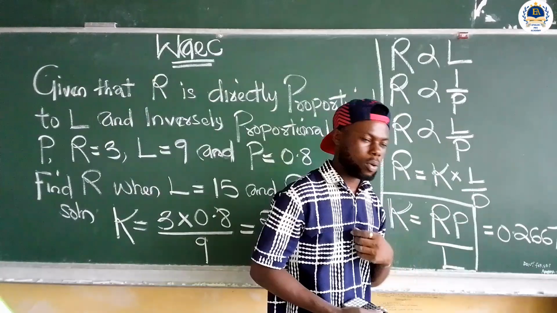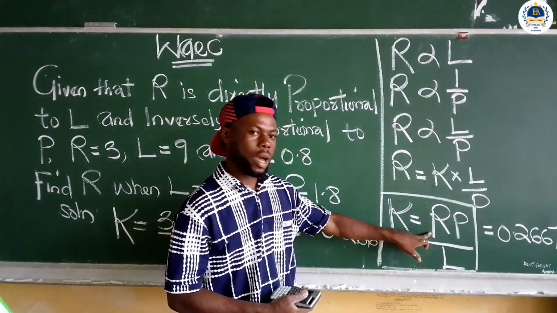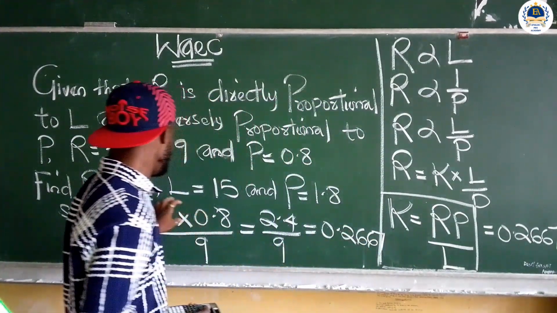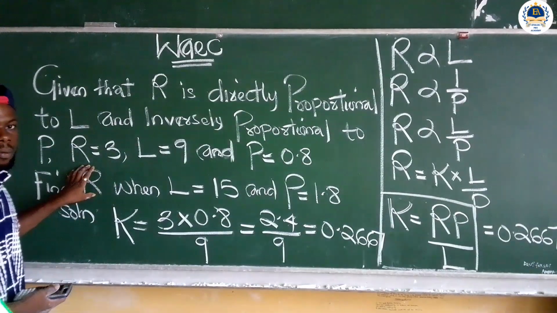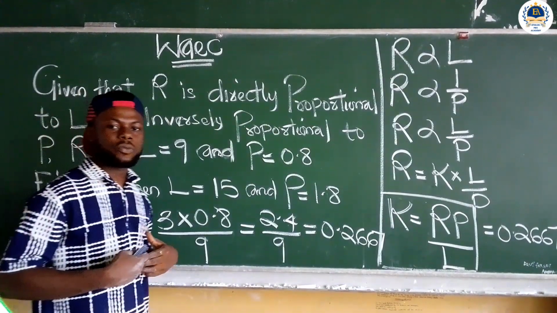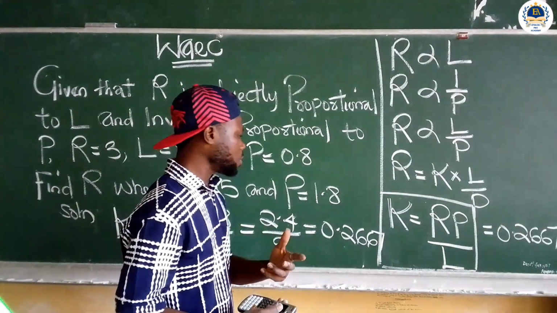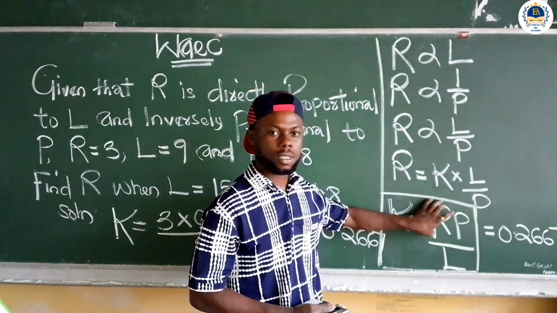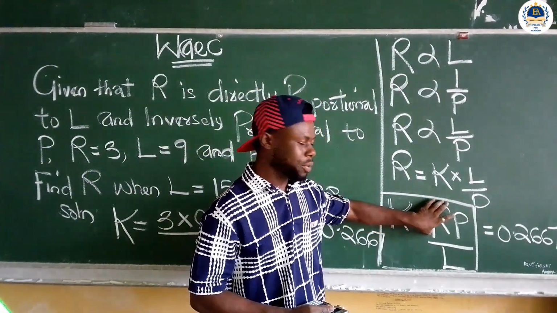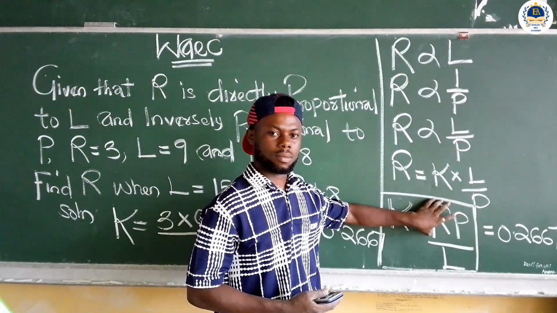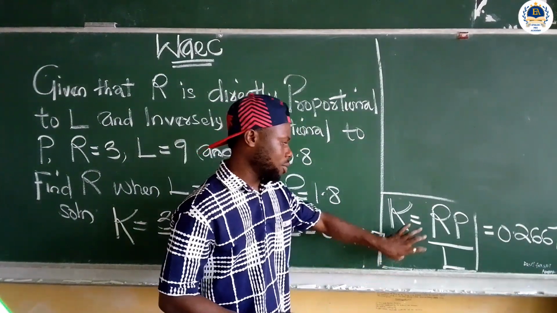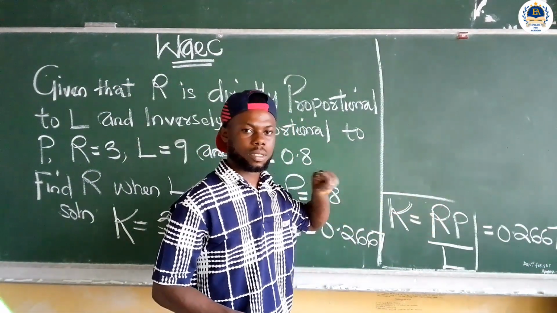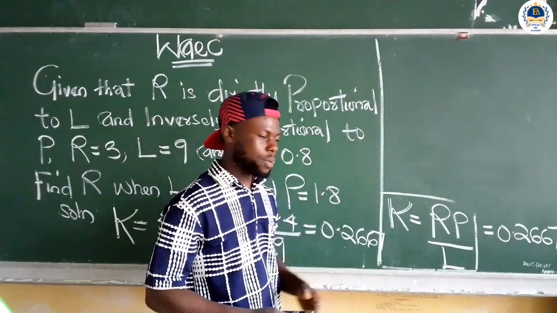Since we are required to find the value of R, that means we are going to make R the subject from this relationship established. You can use your rough sheets to do this.